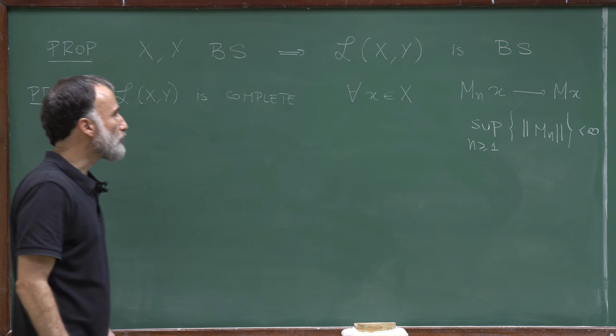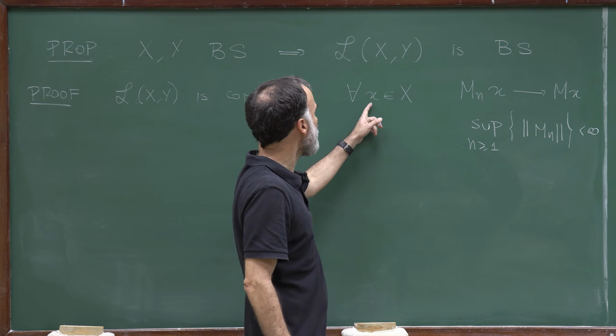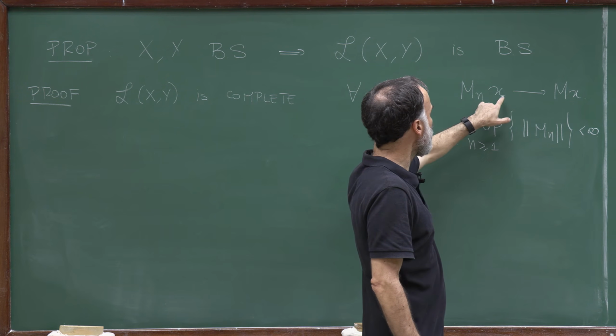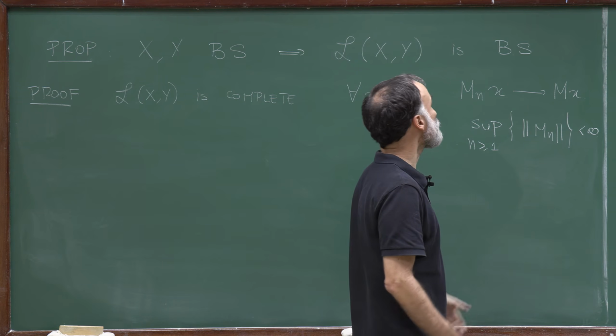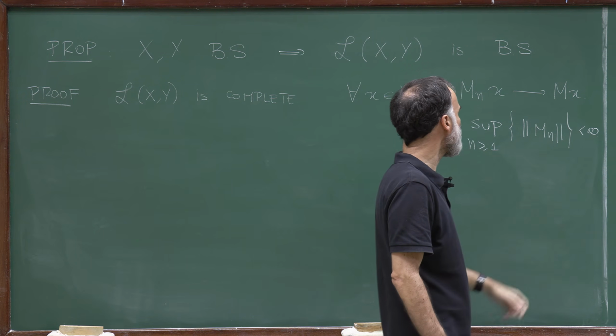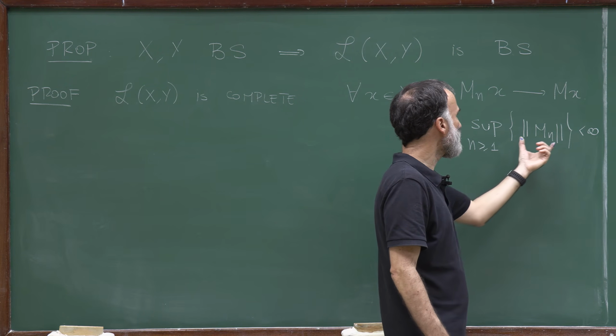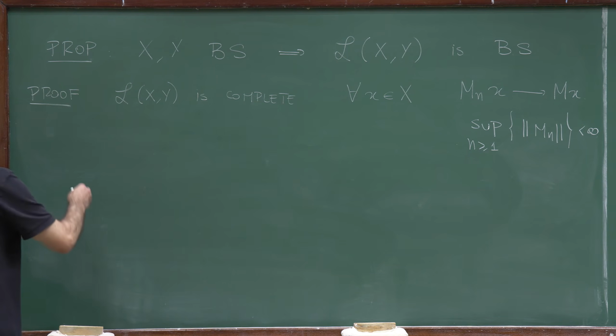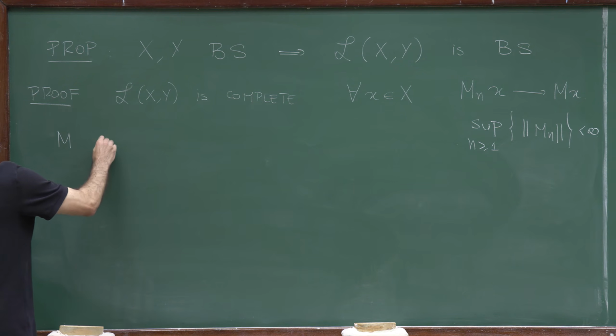So up to now we proved two facts. First, that for any x in X, the sequence Mnx converges to some limit, and I'm representing by Mx the limit, and also that the supremum of the norms is finite. Now I claim that M is linear.